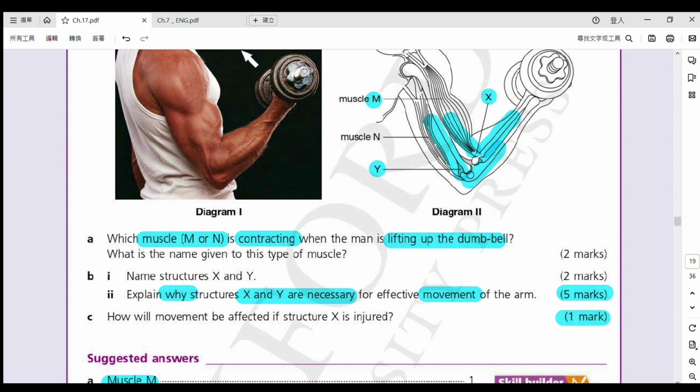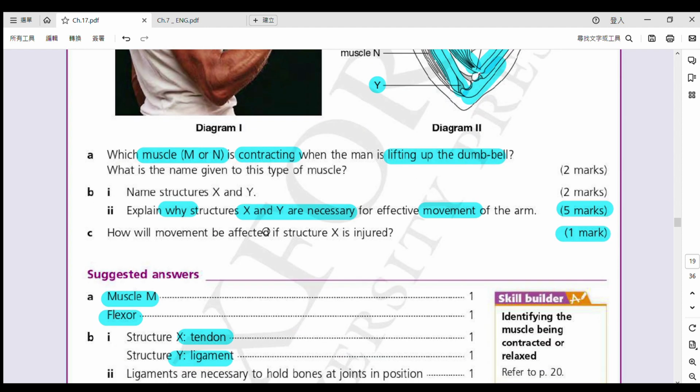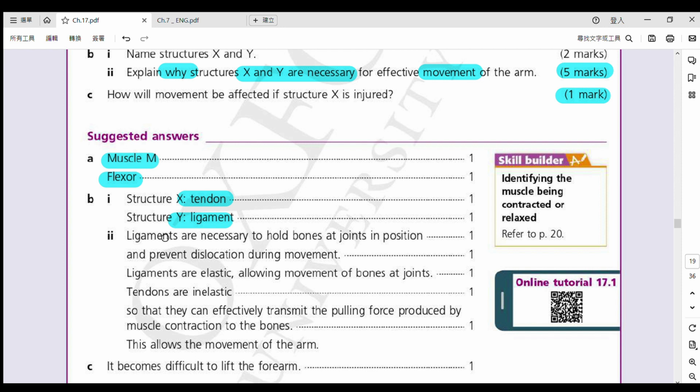Both X and Y carry some marks. The question talks about Y first, the ligament. First, it holds bones together at joints.